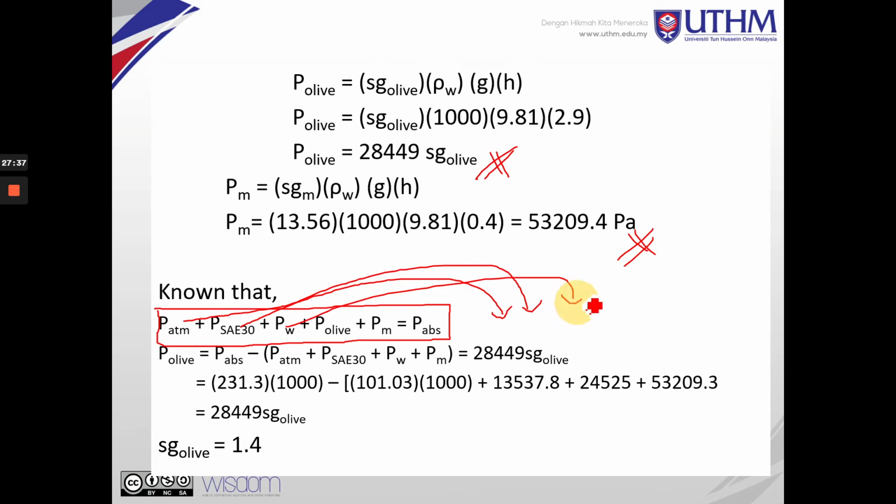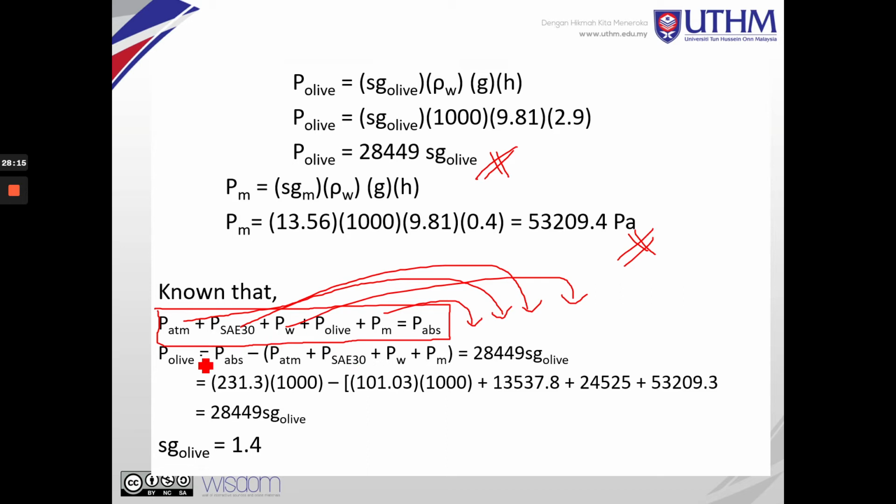So you get P absolute minus, this is positive, go to the right side, we get the negative here. So negative P atmosphere, this is also negative here.